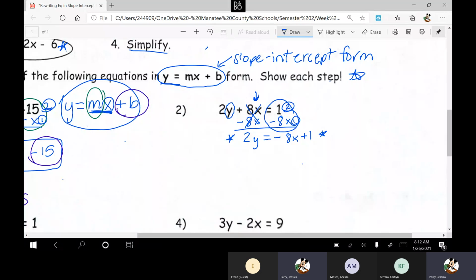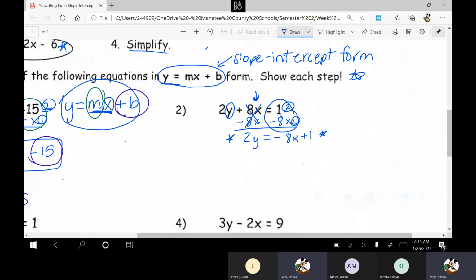You can turn your microphone on, or you can type in the chat. How do you read that 2y? I need someone to answer me.